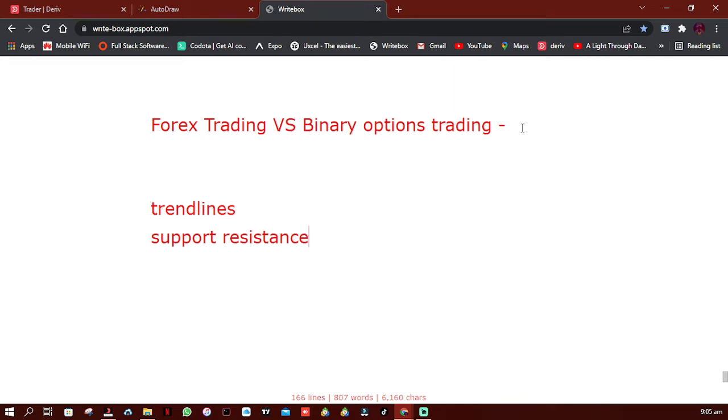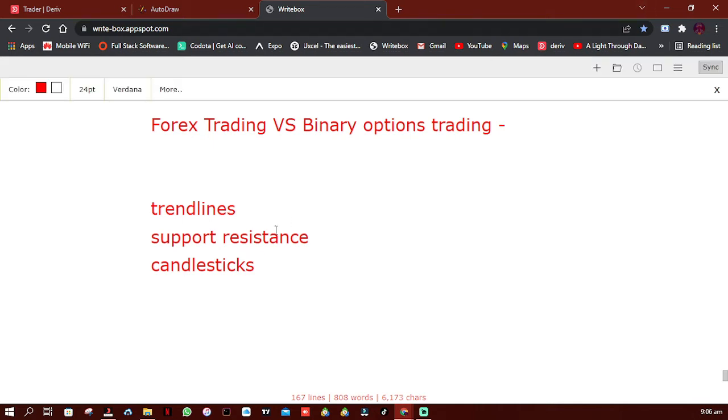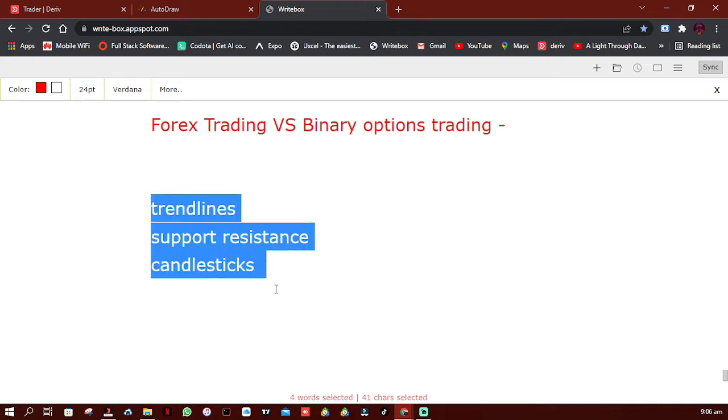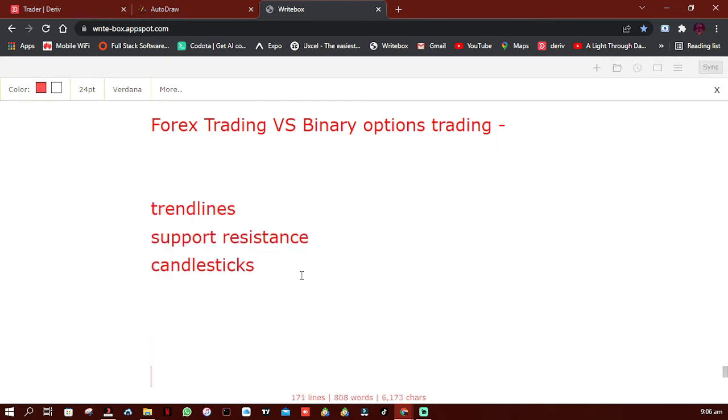Then the most important part you have to learn is candlestick patterns. If you really want to be profitable in binary options trading, you really need to know and master some candlestick patterns. Candlestick patterns will help you know what to do if price will really go up or down. These things can as well help you in forex trading. So what I would encourage you first of all is to start with forex trading.